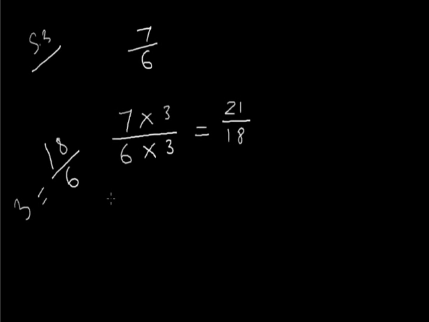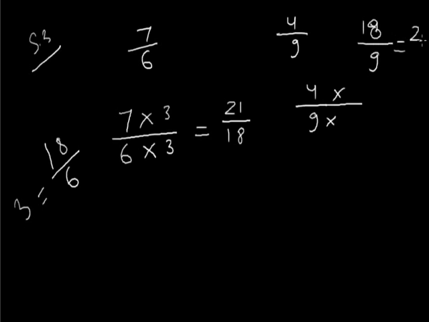Similarly, repeat the process with the second fraction, 4 upon 9. Divide the LCM of the two denominators, which is 18, by the denominator of the second fraction, which is 9. This gives you the number 2.